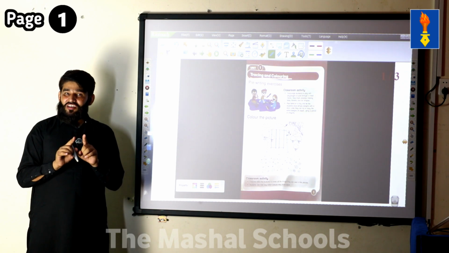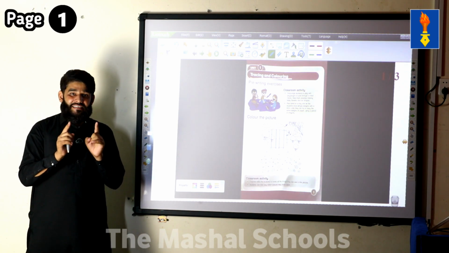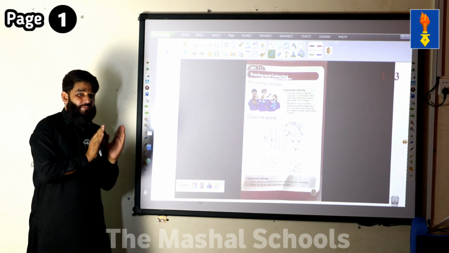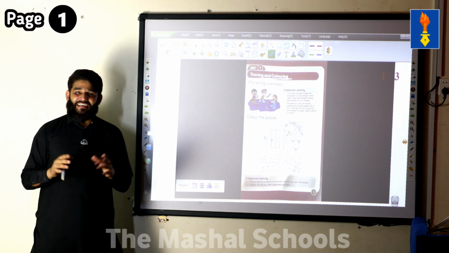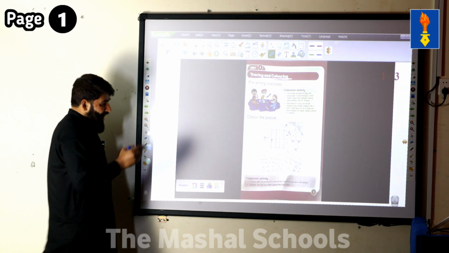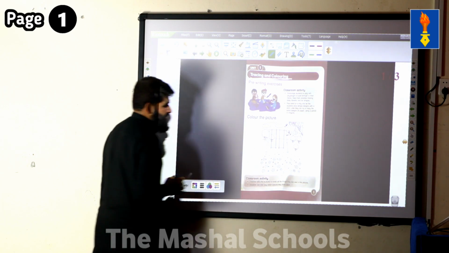Understand what natural color is assigned to this particular element and give that color to that thing. So after that we have here: color the picture.